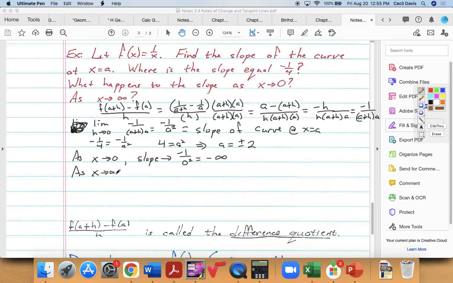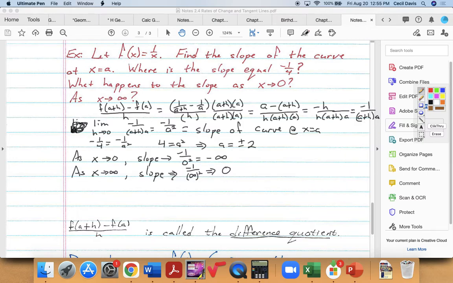As x goes to infinity, the slope is going to be equal to, well, my expression is negative 1 over a squared. So I shouldn't say equals because you can't put infinity in here, but if I have negative 1 over infinity squared, so I have a negative 1 over something enormously large, this is going to go to 0.